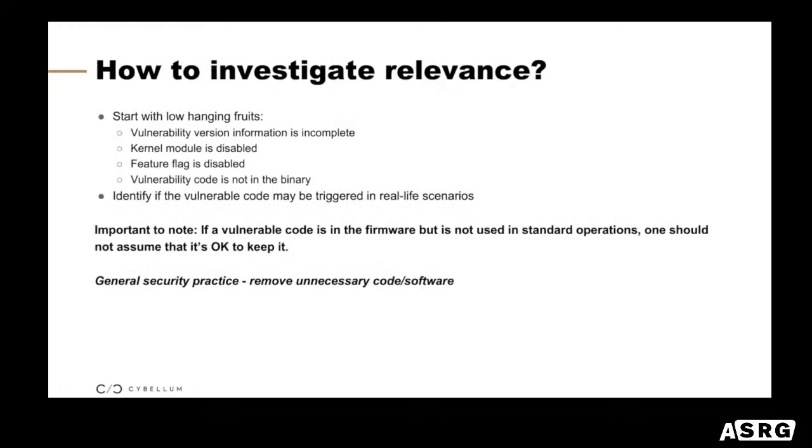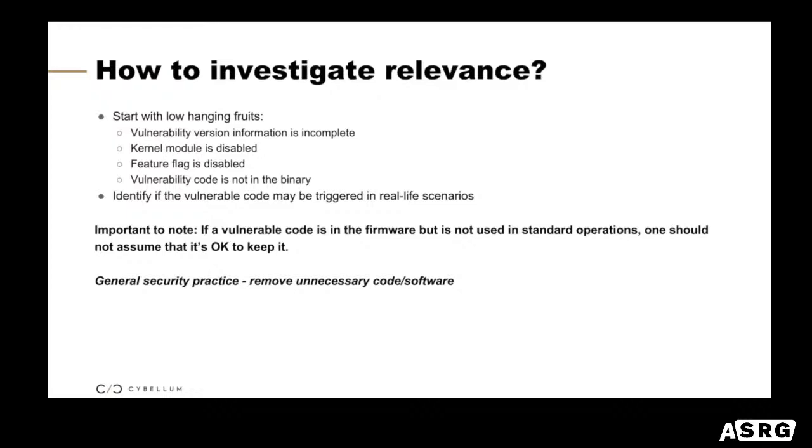So how do we investigate relevance? It's not an easy problem, but you would like to start with low-hanging fruits. For example, you would like to find easy ways to conclude that something is irrelevant. Most likely, maybe not in all cases, but there's a good chance it is irrelevant. So why would that be? Because the version information in the vulnerability database is incomplete. Maybe the feature or the kernel module is disabled.